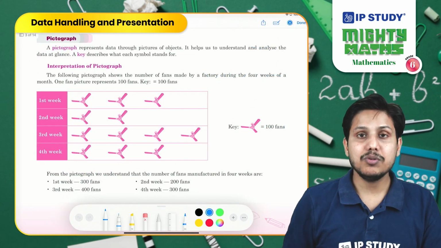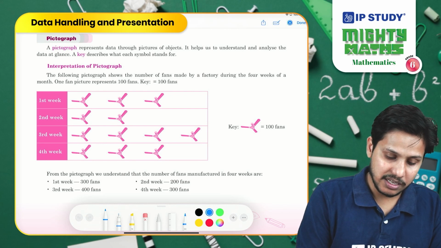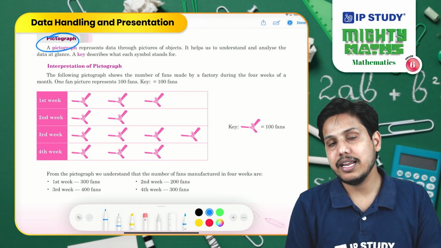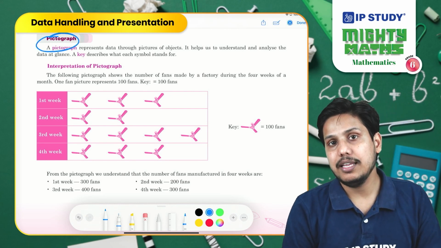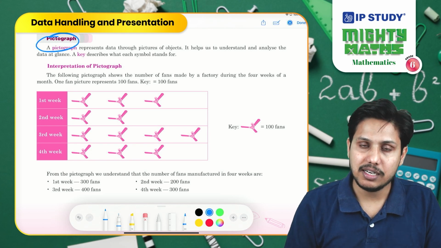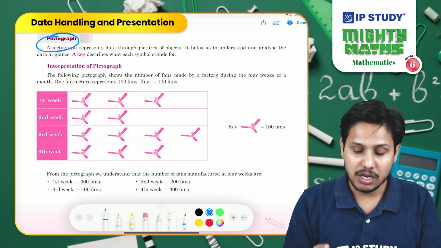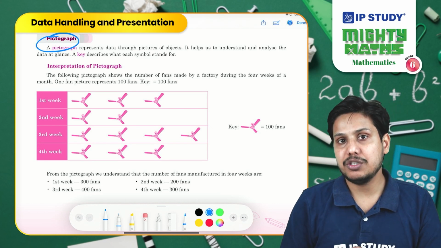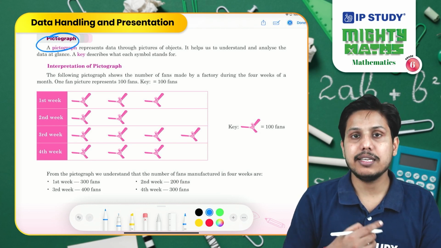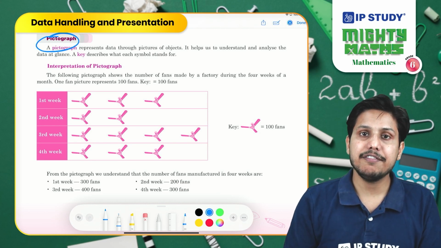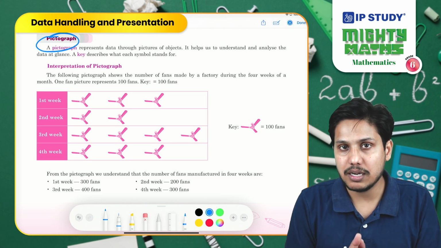Yes, now students, there is another method to represent our data other than tally marks, which is the pictograph. In this we use pictures to represent the data, which makes it more eye-catching and more representative. So here we use pictures, which is called a key, and a single key can represent many items at a time.